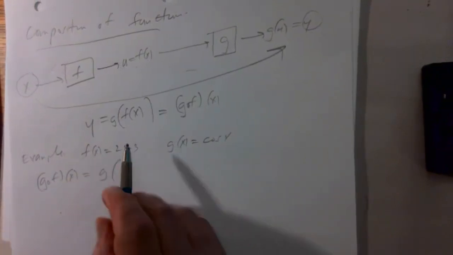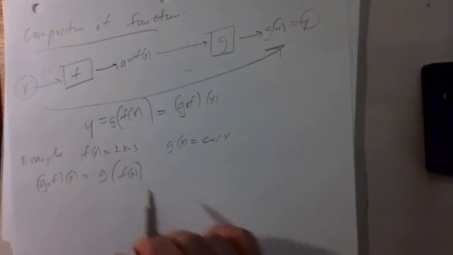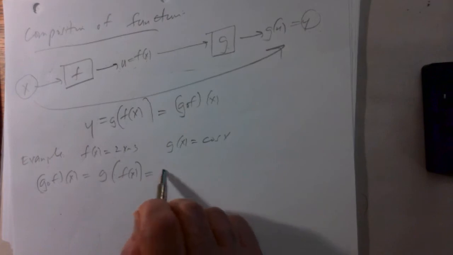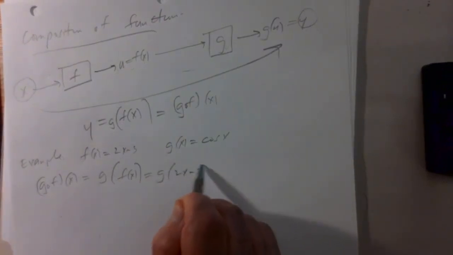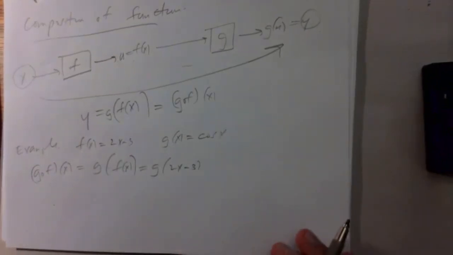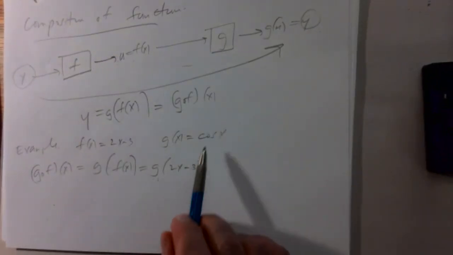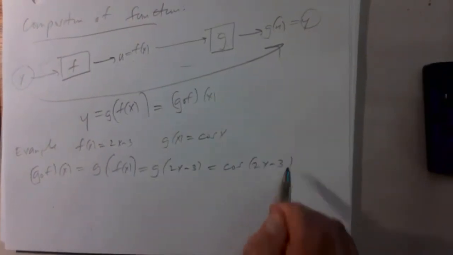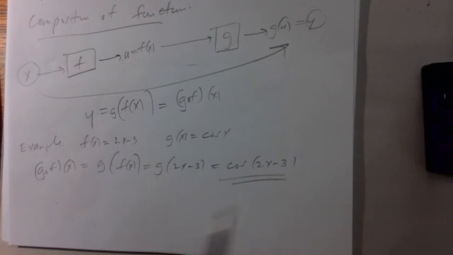This means g of f of x. What is f of x? f of x is 2x minus 3. So this is g of 2x minus 3. What is g of anything? It's the cosine. So this is the cosine of 2x minus 3. So that is the composite function g composed with f.